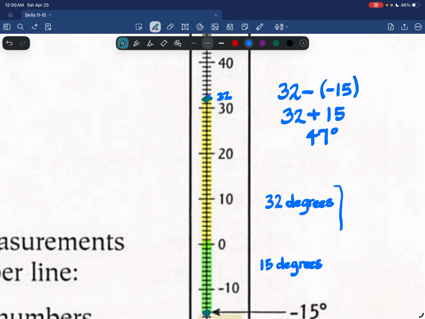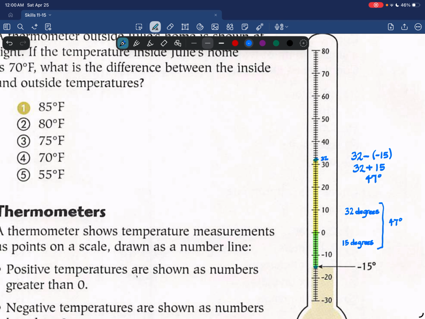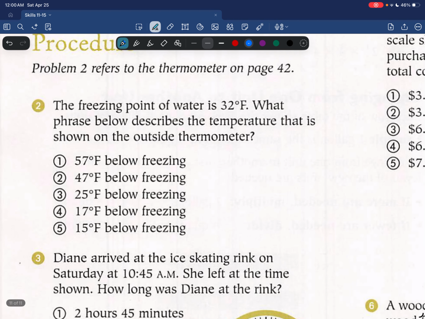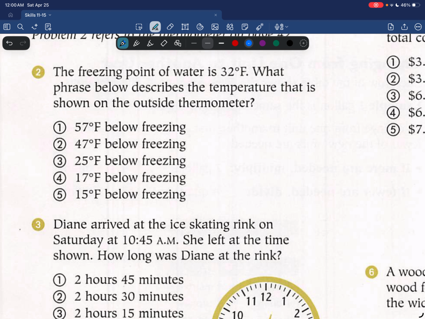And then you combine those, which would give you 47 degrees. But either way, it is 47 degrees below freezing, below 32.